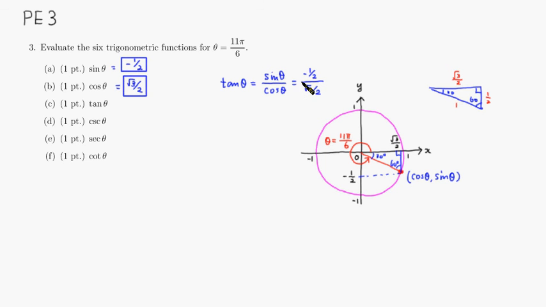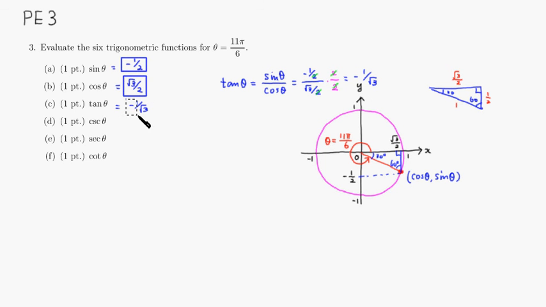To make it look a little bit better, since you have a 1/2 and 1/2 here, you just multiply top by 2, bottom by 2, so the 2's cancel out. This gives us negative 1 over square root of 3. So tangent is negative 1 over square root of 3.